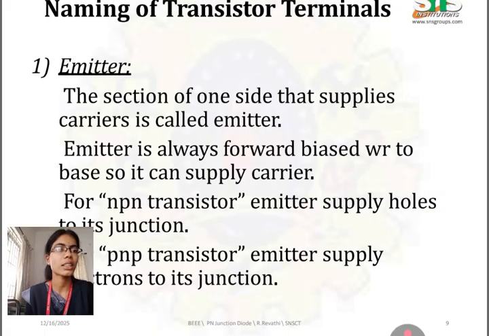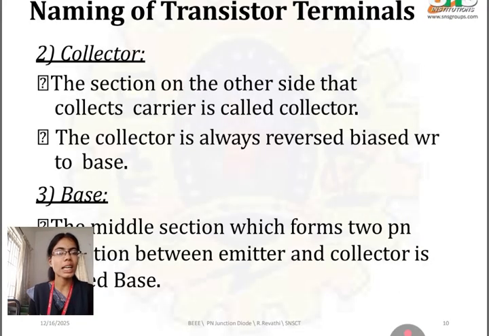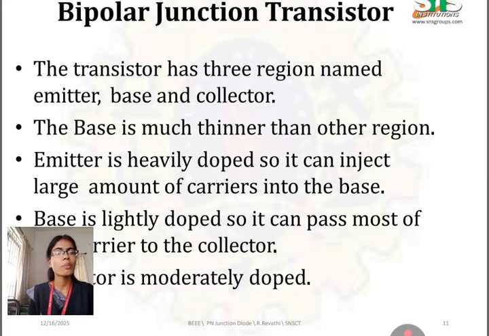The emitter is forward biased with respect to the base, so it can supply carriers. The other side that collects carriers is called the collector. The middle section which forms two PN junctions between emitter and collector is known as the base. The base is much thinner than the other regions. Emitter is highly doped, base is lightly doped, and collector is mediumly doped.